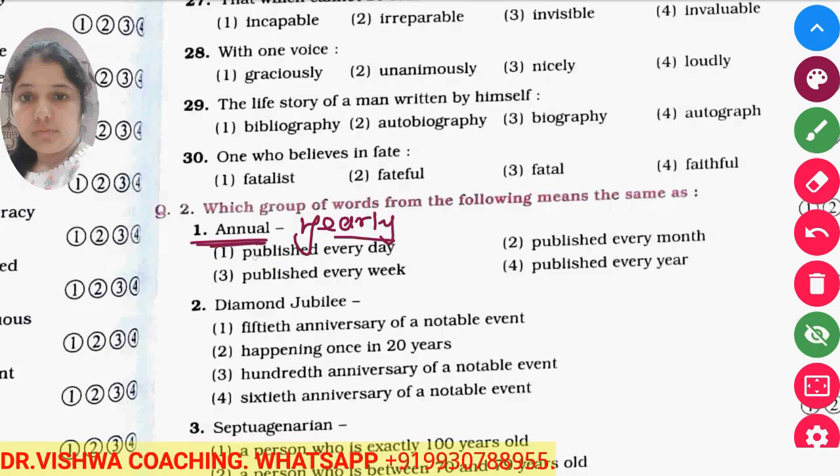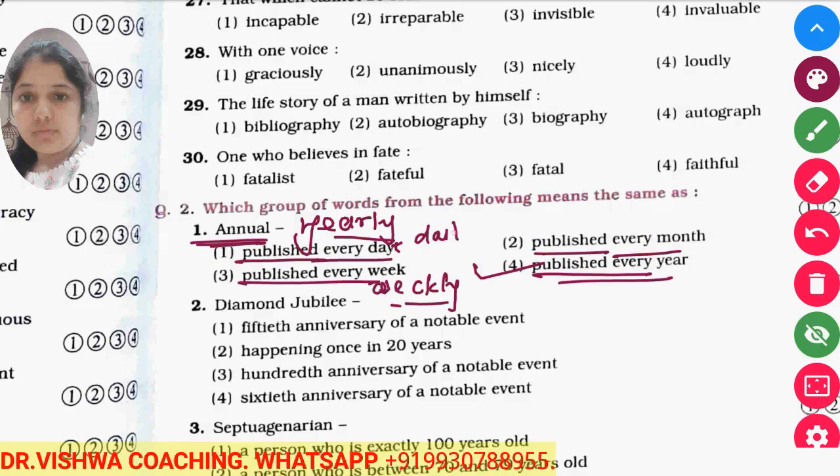The options are published every day, published every month, published every week, published every year. So it is published every year, because something which happens yearly is known as annual. Weekly is per week, every day is daily, and every month is monthly. But annual stands for published every year.